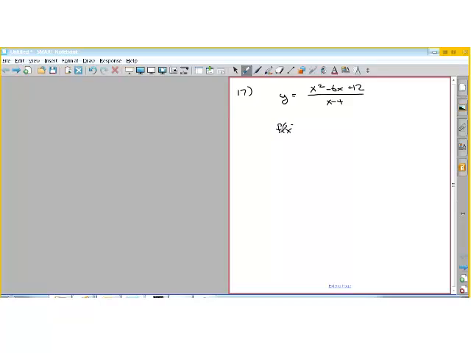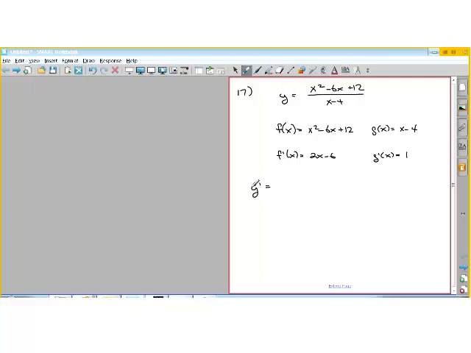So again, I'm going to write out what the numerator and the denominator are and call each one f of x and g of x respectively. So then we take the derivative of the numerator, which is 2x minus 6, and the derivative of the denominator, which is 1.